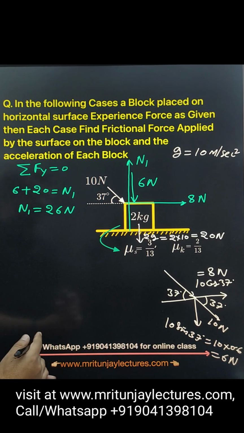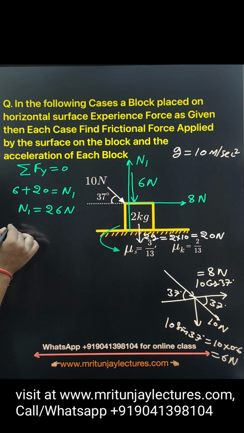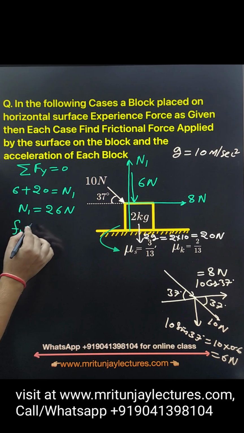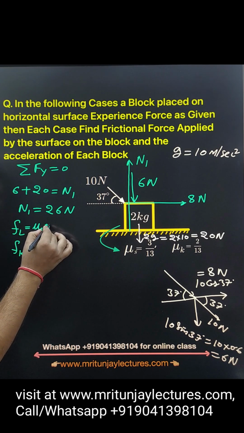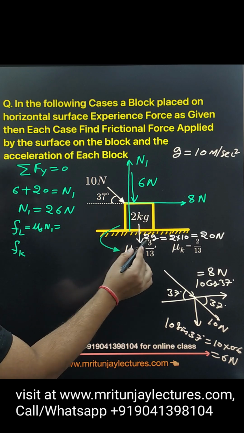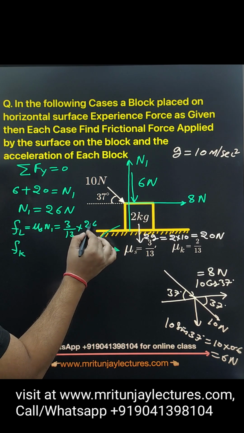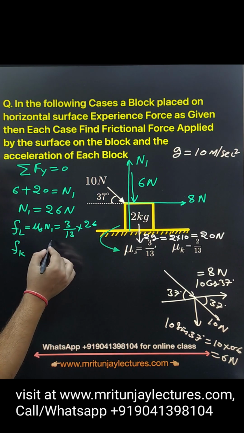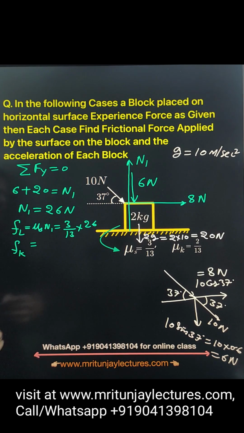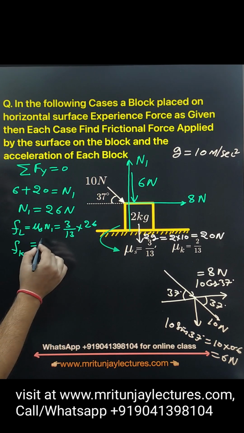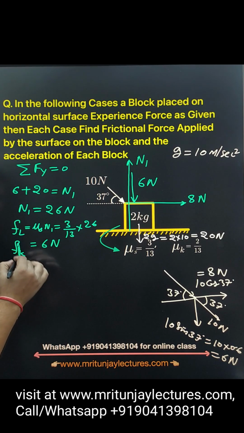After that, determine FL and FK. FL means mu s into n1. Mu s is 3 by 13, and n1 is 26. So that value is 6 Newton.